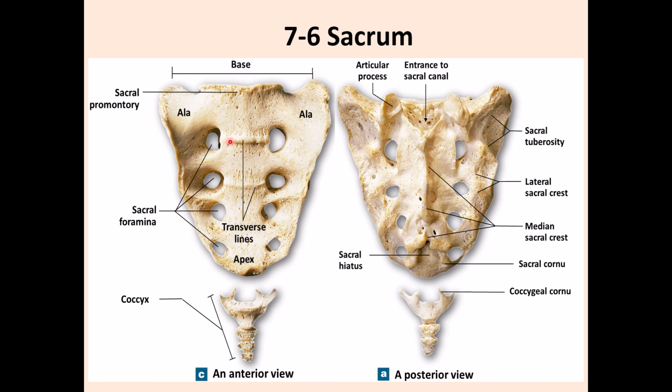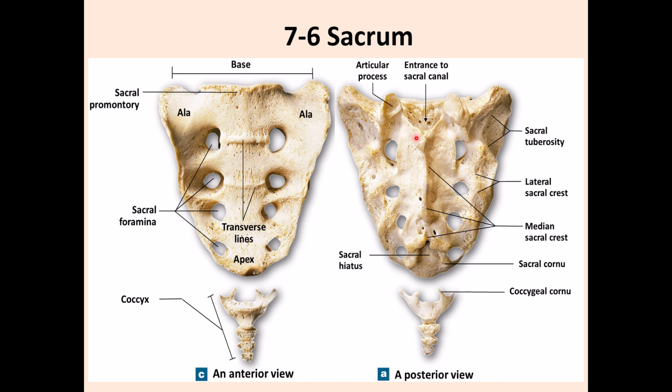These bony prominences that you see are actually the fusion of the vertebrae, so now it's ossified. These are called transverse lines or transverse ridges. Also, you can see laterally these openings. These are called sacral foramina. Sacral foramina contain spinal nerves.